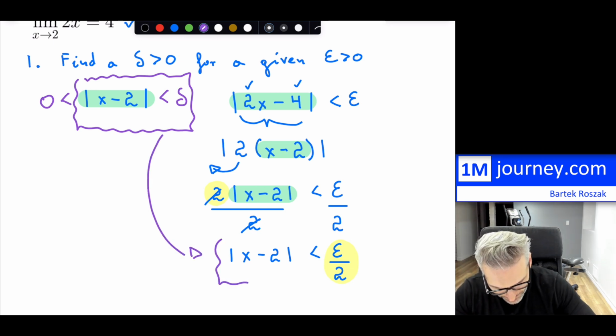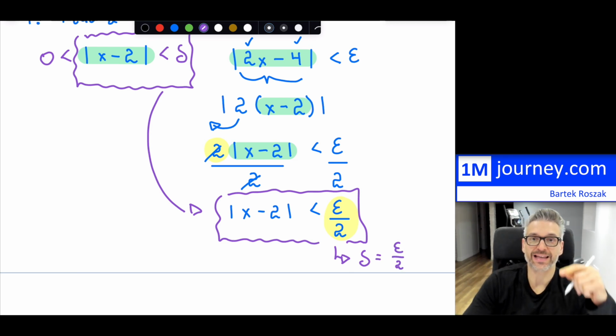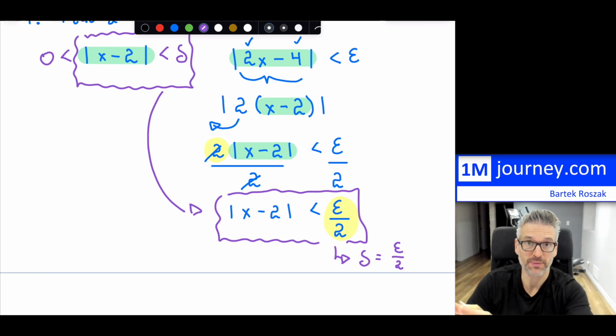So notice that what you have all the way within here, here's your x minus 2 less than, and now this whole thing is going to be set to delta. So this is going to be epsilon over 2. Meaning if anybody gives you an epsilon for this given limit, you can set delta to epsilon divided by 2. And what we want to now see is that our condition holds.